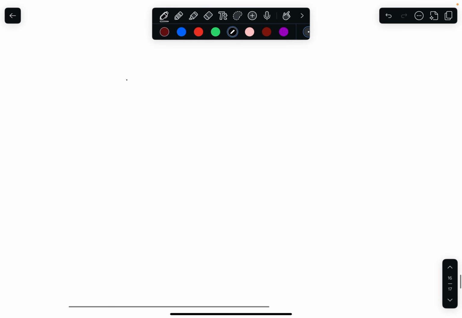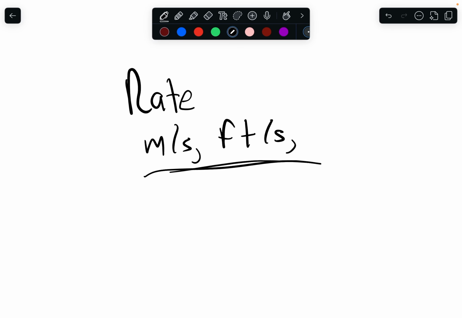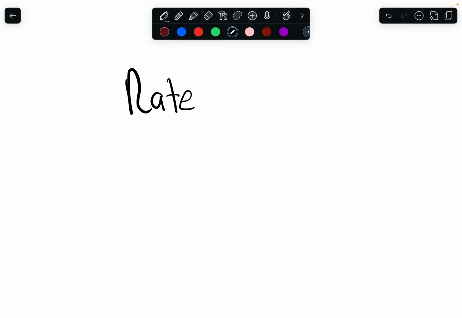There's something called a rate, which is basically how much something changes within a certain amount of time. Rates are expressed in things such as meters per second, feet per second, or also just anything, how things change and how things move. Well, think about this too. Money is also a rate here.